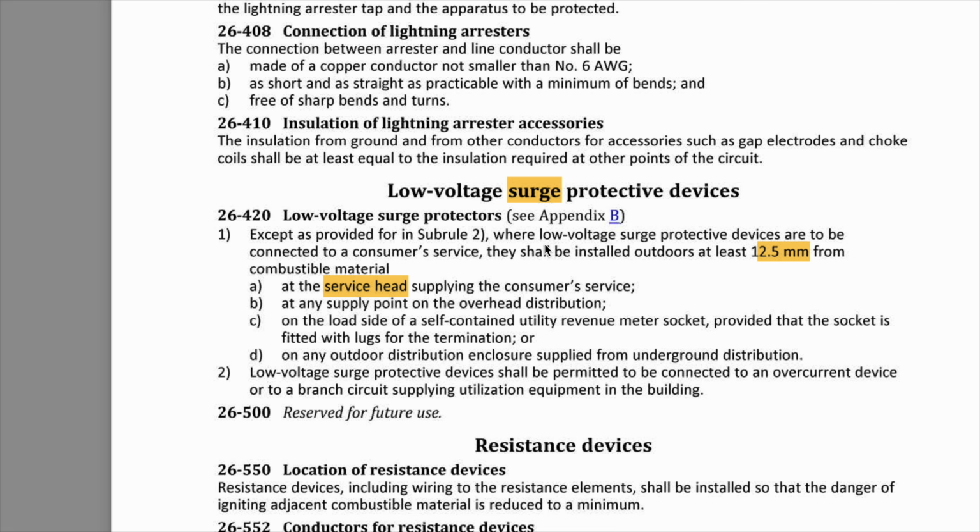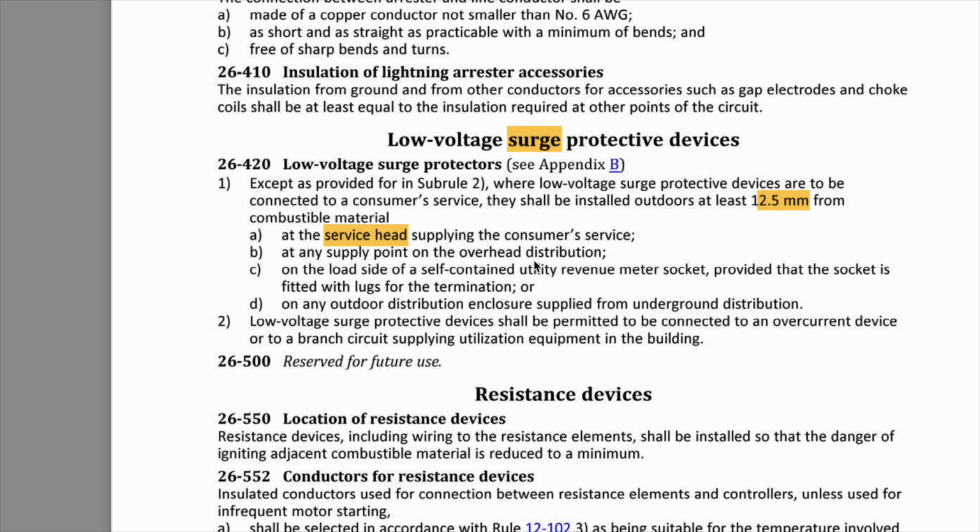So in the connection of our houses to the distribution system, we can use these low voltage surge protective devices to damp this high voltage. So at the service head, except as provided in the sub rule where low voltage surge protective devices are to be connected to the consumer circuit, they shall be installed outdoor at least 12.